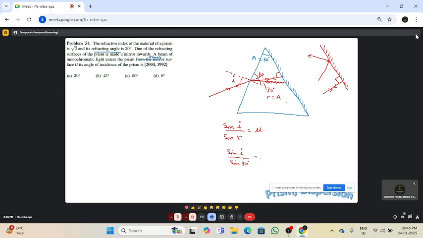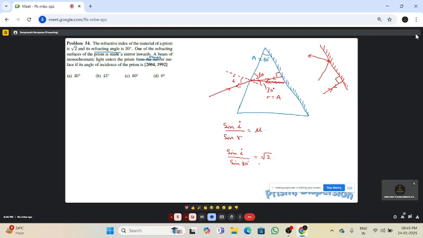Sorry, in derivation, I think you must have got A by 2. Here, since this is 90 degrees, this is coming out as R is equal to A. Sir, A is equal to R1 plus R2, isn't it? Yeah, you are right. You are talking about the derivation, right?